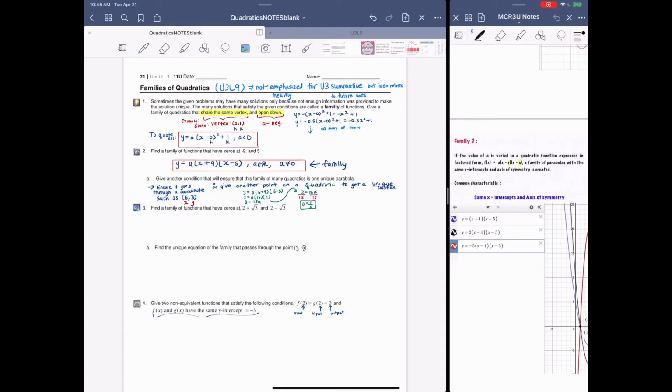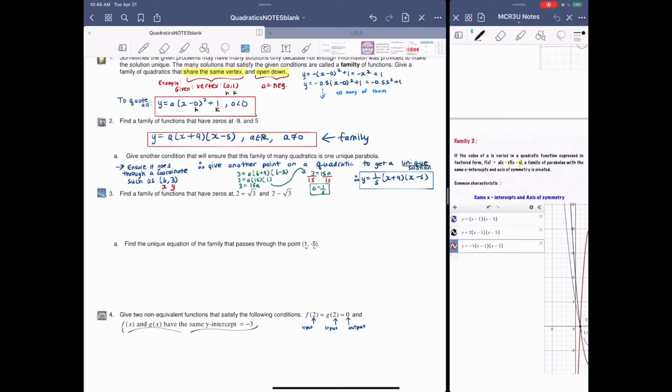And therefore, I need to write my concluding unique parabola equation. So I have my a value of 1 over 5, and my x-intercepts are -9 and 5. Therefore, I get y equals 1 over 5 (x + 9)(x - 5). So I give him a unique example where I have a unique a value.